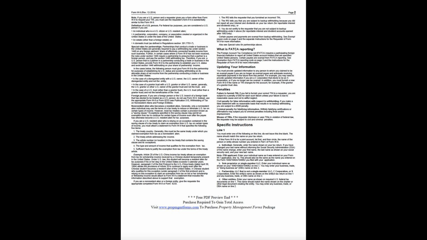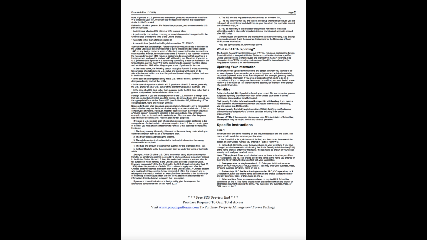Criminal penalty for falsifying information. Willfully falsifying certifications or affirmations may subject you to criminal penalties including fines and/or imprisonment. Misuse of TINs. If the requester discloses or uses TINs in violation of federal law, the requester may be subject to civil and criminal penalties.